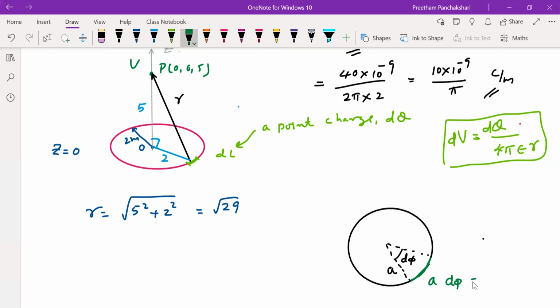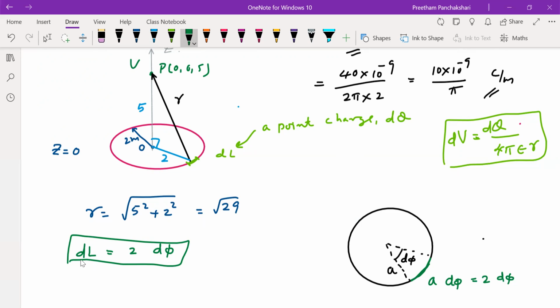In this particular problem, radius is equal to 2, so that's why it's going to be 2 d phi. So the length dl is given by 2 into d phi.